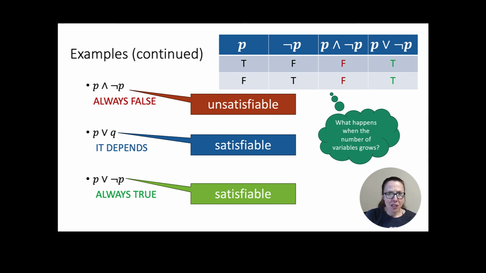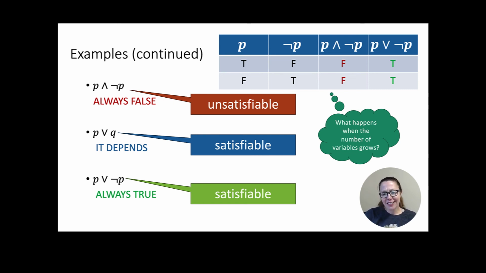But what happens when that number of variables grows? This can become impractical. For instance, when we have one variable, there are two rows within our truth table. If there are two, P and Q, we have 2 squared or 4 rows in our truth table. Once we have 3 variables, now there's 2 to the cubed or 8 rows in our truth table.